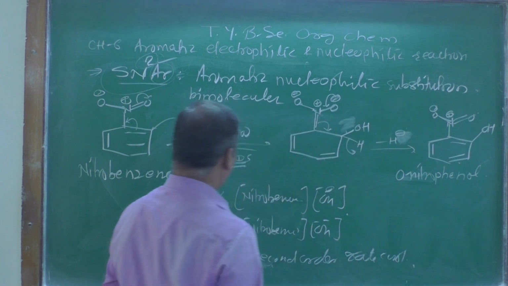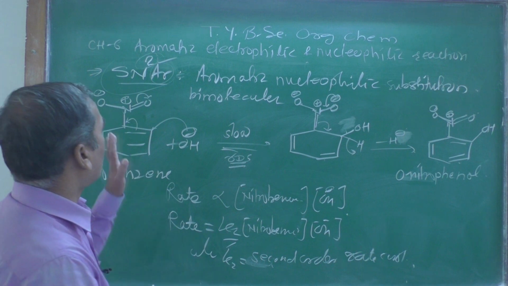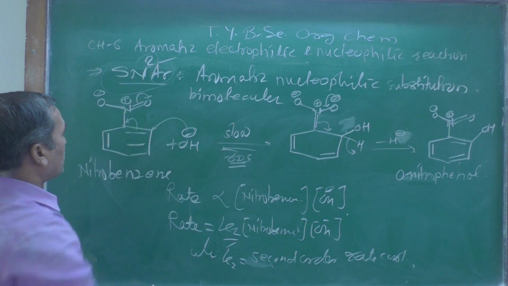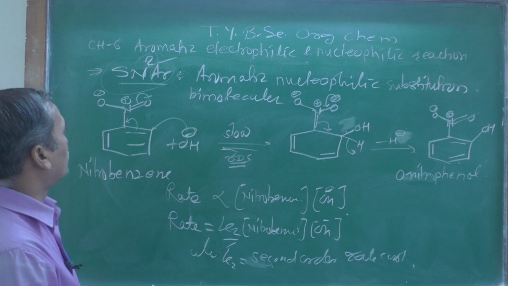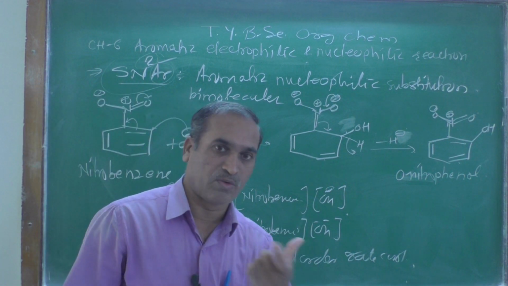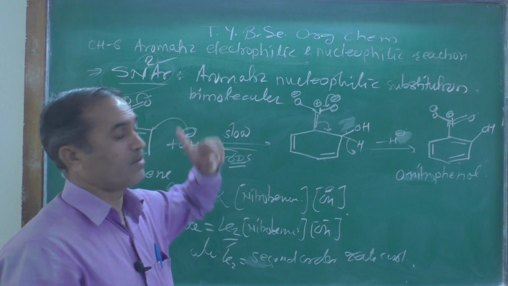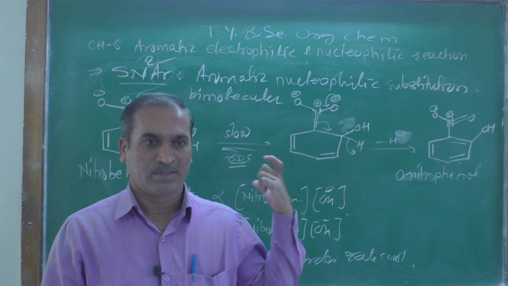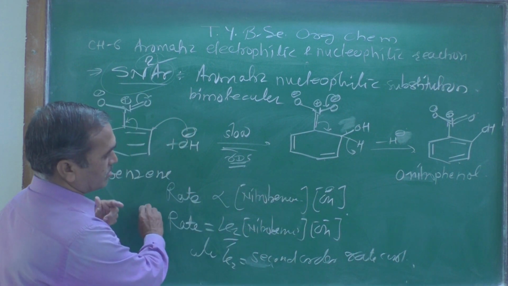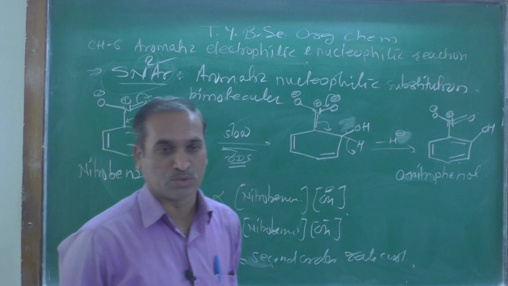So that is why this 2 is there: S stands for substitution, N for nucleophilic, 2 for bimolecular, and AR for the aromatic compound. And why is it SN2AR? This is the reason why we write a 2 there.